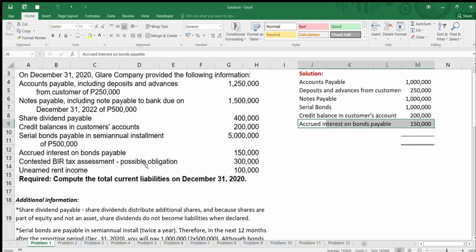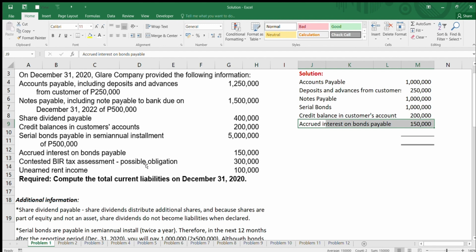Next, unearned rent income. Again, unearned rent means the customer has already paid you, but you have not earned it yet because the month has not yet arrived. So for example, at December 31 there is unearned rent income, and this 100,000 is for the period January 2021. Okay? So it is not yet done, that's why it is still unearned. Since it is still in the future, only by January 31, 2021 will we recognize it as income. But for now, we still have a liability at December 31 to provide our service to the customer, which is renting.